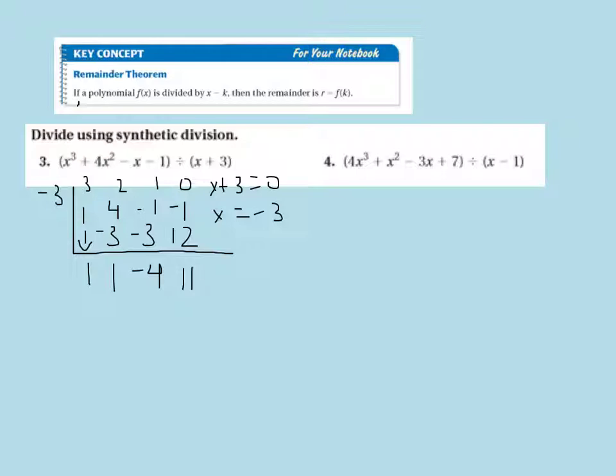Okay? So what this up here means, watch. We said x was negative 3. See how you have k? And this is k?